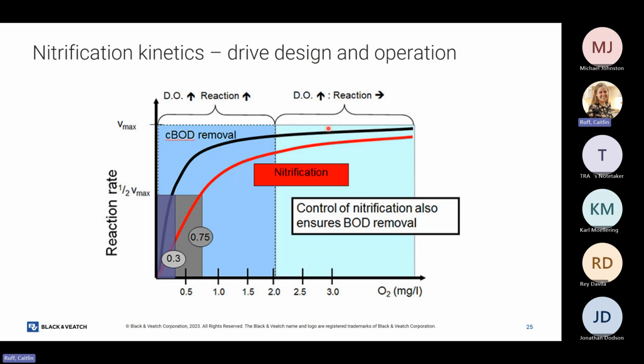This gets into the explanation of why over aerating doesn't really give us much benefit. Managing aeration is how we're going to control the environment for our biology. What we're looking at here is a chart of Monod kinetics, which is a mathematical model describing the growth of microorganisms.